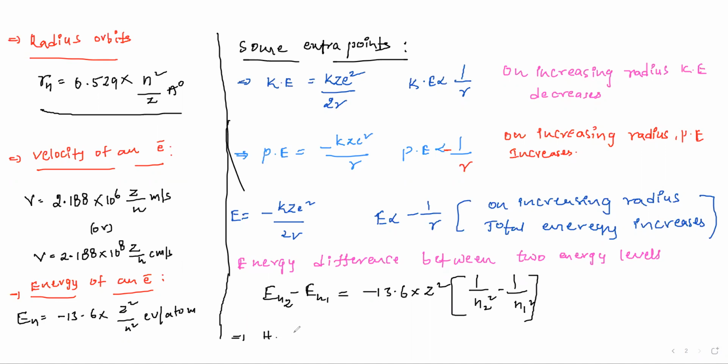Example, hydrogen, helium plus and lithium plus 2, like this. Okay? I am removing this one, and this page is important, and these formulas are very, very important: radius of orbit, velocity of an electron, energy of an electron, and the energy difference between the two energy levels. Okay.